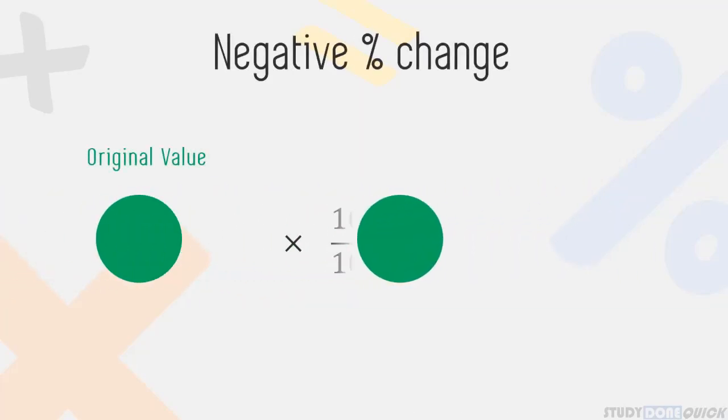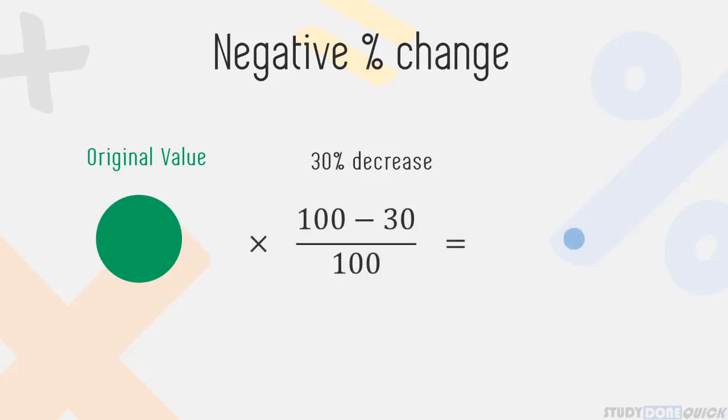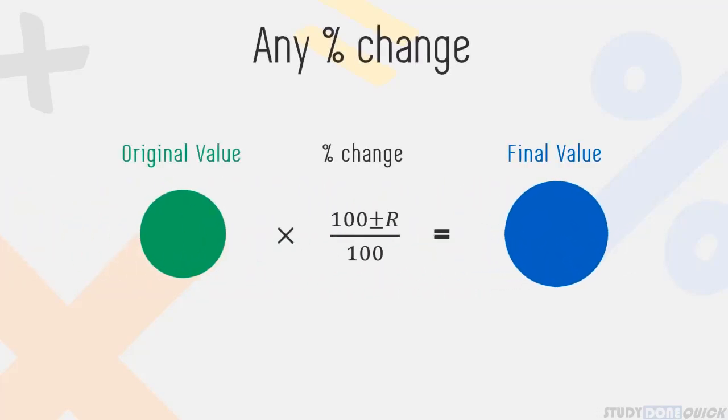Or it can be negative, where the original value, which was again 100 by 100 of itself, decreases by some percent and gives a smaller final value. That gives us this basic formula on which any percent operation works.